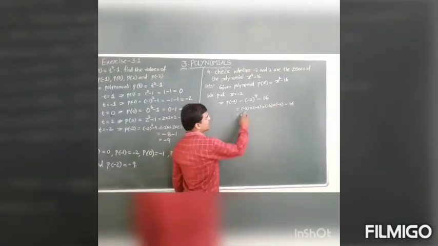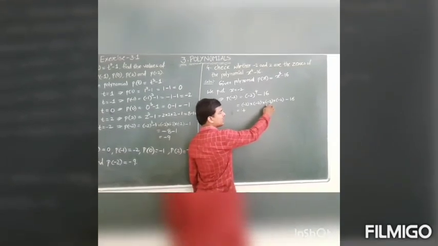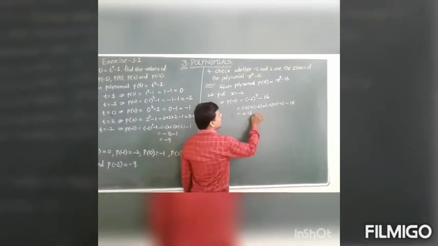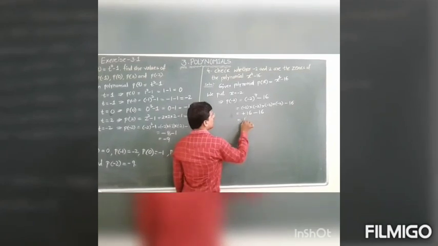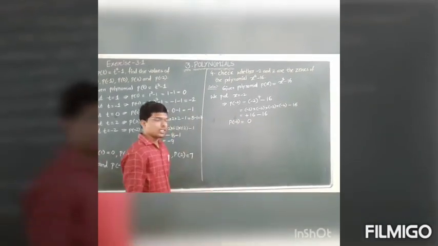Did you understand? Next, 2 into 2 is 4, 4 into 2 is 8, 8 into 2 is 16. So plus 16 minus 16, how much? 0. So P of minus 2 is equal to 0.